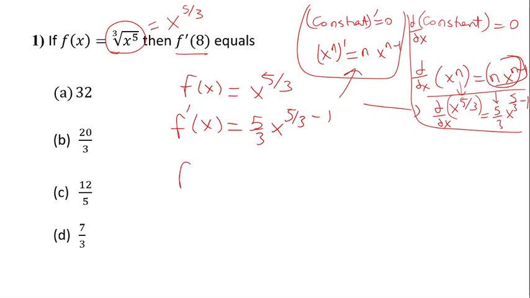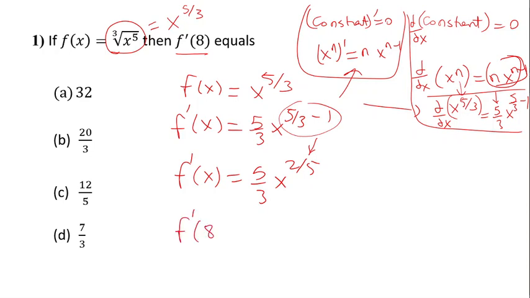Then f prime of x equals 5 over 3 times x to the 2 over 5. If you do this calculation, you will see this is 2 over 5. And then f prime of 8 is equal to, sorry, this is not 2 over 5. This will be 2 over 3.